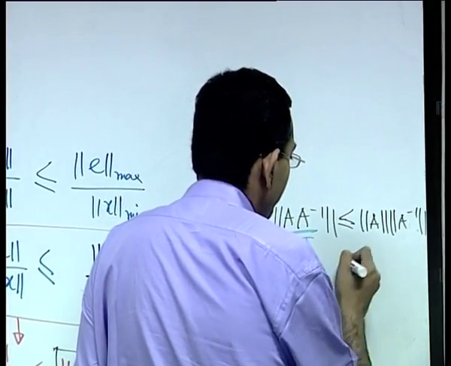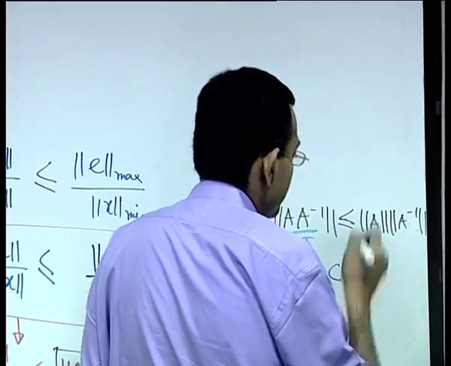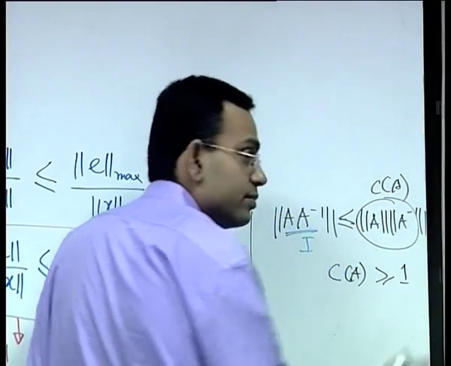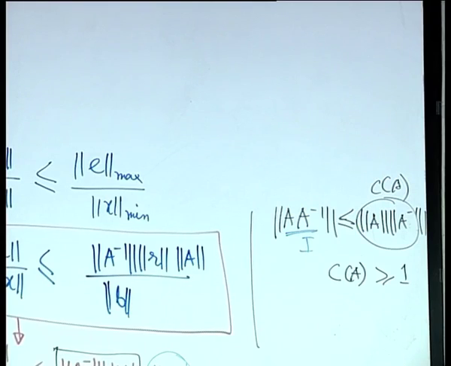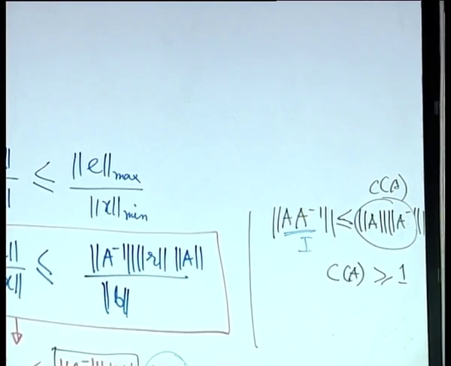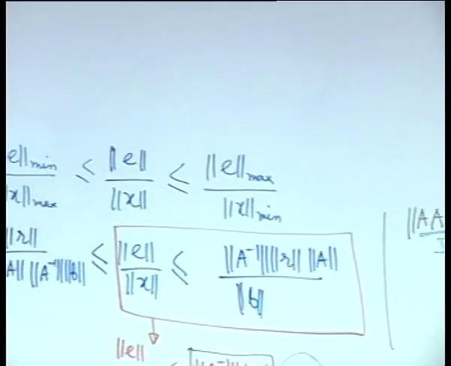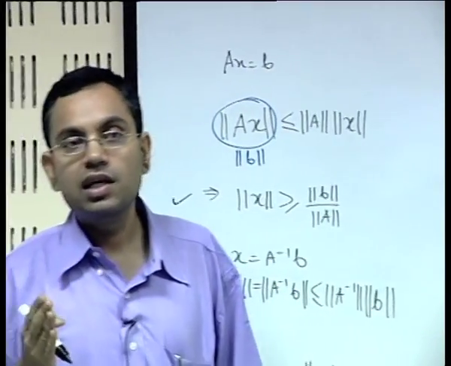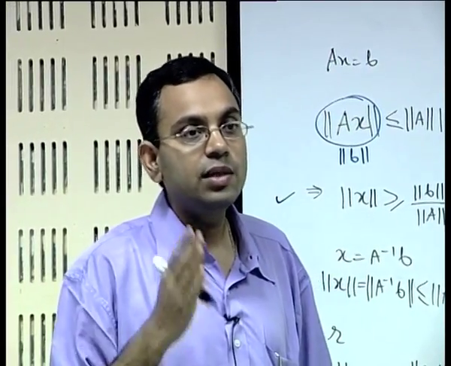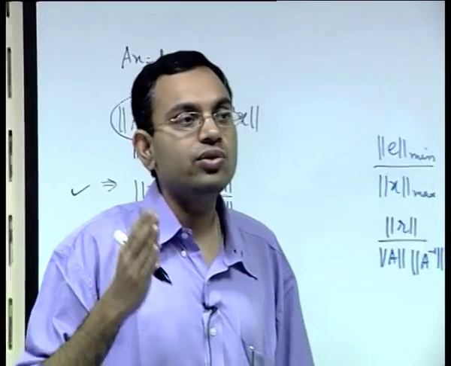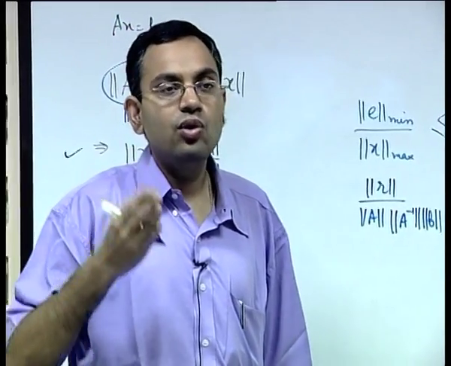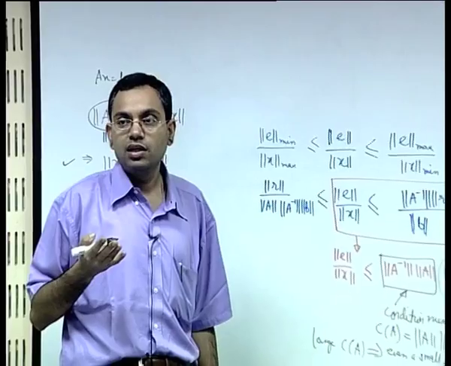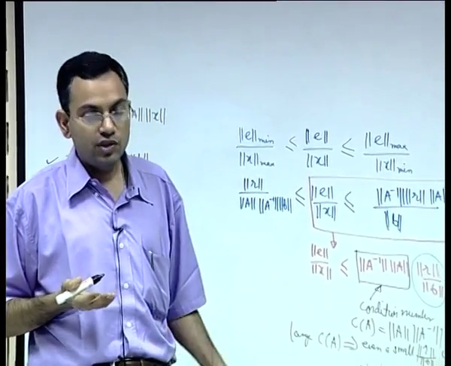So, the condition number of the matrix, C of A, is greater than or equal to 1. The closer to 1 the better; the further away from 1, the worse it is in terms of magnifying the error. So, the condition number of the matrix is a very critical parameter for estimating the error in the elimination method, and we should have it as low as possible, so as to make sure that the relative error is not magnified. We stop here today. Thank you.